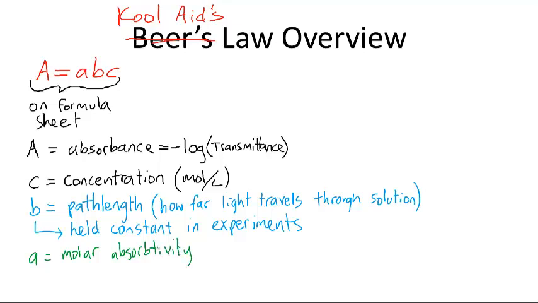Back when I learned Beer's law, it was actually Greek letter epsilon, and it was called the extinction coefficient. I don't know why they decided to change the name of it. But the molar absorptivity is essentially a property of a given compound at a given wavelength.